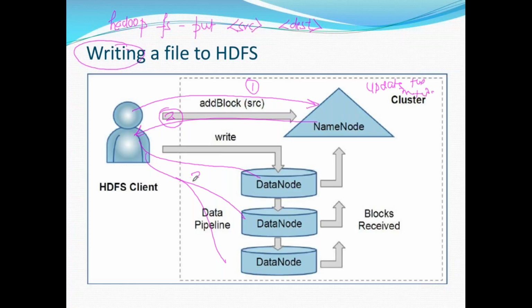First step, second step, third step, this is your fourth step, and this is the fifth step, that is updating the metadata, saying that the file has been broken into one block B1, and the B1 is hosted by 0, 1, and 2 machine. Assuming this is data node 0, data node 1, data node 2.